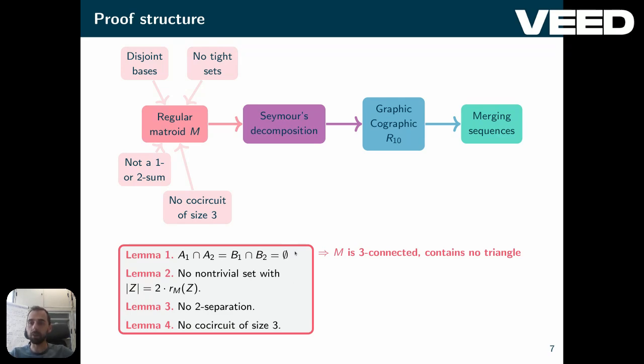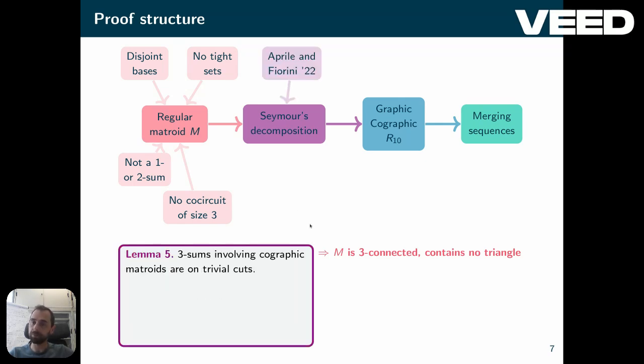Now we have a matroid which is 3-connected. So if you consider Seymour's decomposition, then only 3 sums are used in this decomposition. And actually, we need to use a refined version of Seymour's decomposition theorem, which is due to April and Fiorini.